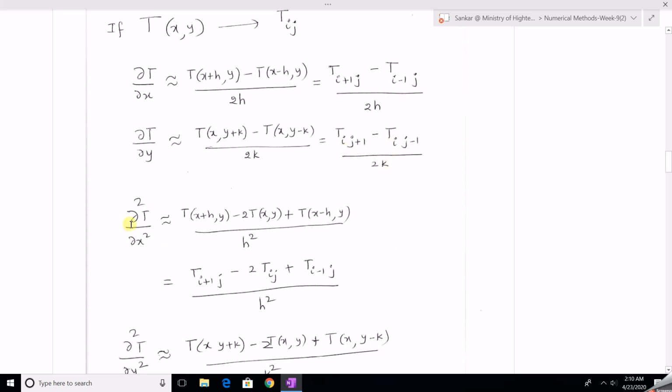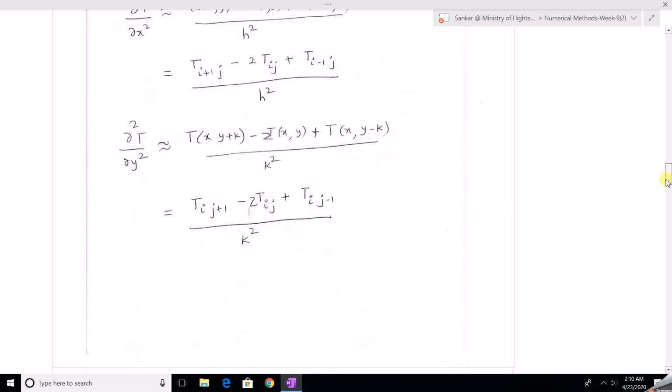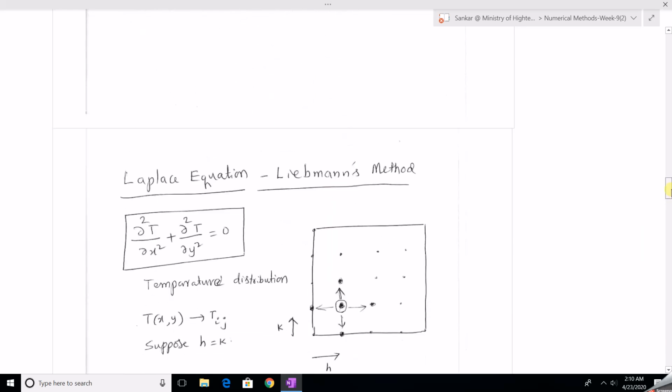Similarly, dou square t by dou x square is approximated by this formula, and dou square t over dou y square by this formula. So when we solve partial differential equations by numerical methods, we use these approximations of the partial derivatives.